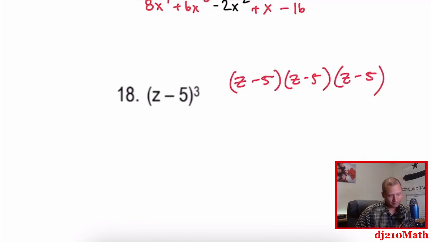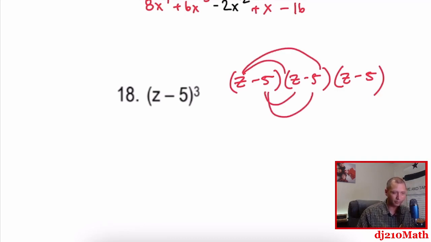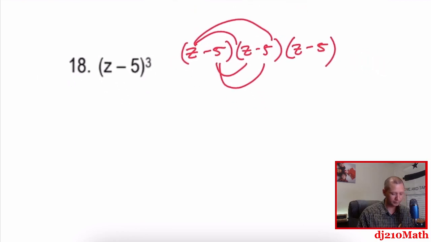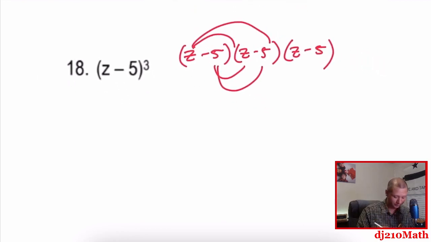Now, there is a fancy way of multiplying everything, but that can get really complicated. So the idea is that we distribute 2 of them. Whatever answer we get, then we distribute the third one.